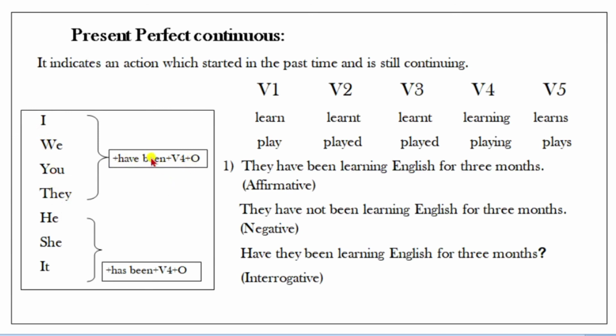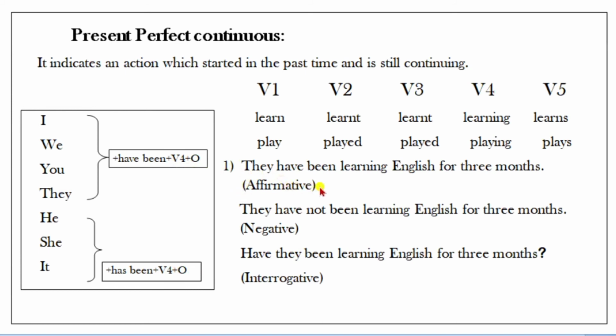That means subject plus have been plus verb 4 plus object. He, she, it: has been plus verb 4 plus object.